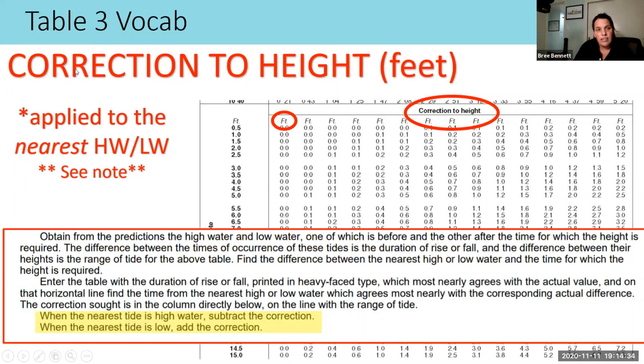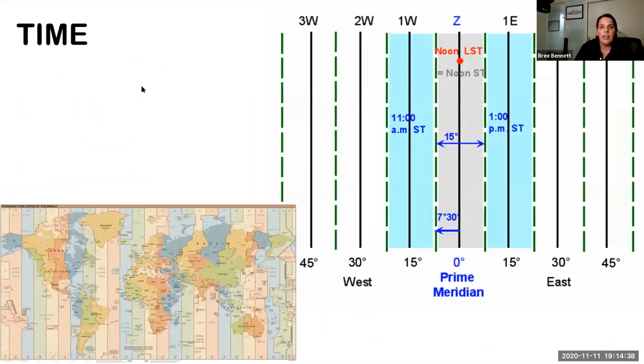Okay, so to add one more hiccup into this, we're going to talk about time, a quick little lesson on time. We have time zones throughout the world, right? We just had daylight savings time two weeks ago now, and we are moving time zones every 15 degrees.